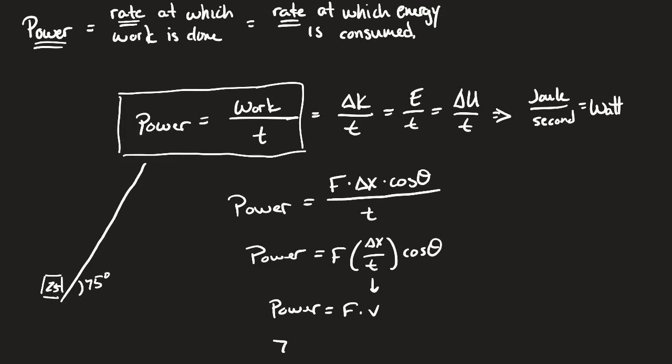So power, 700, has to lift the weight, 25 times 9.8 times the sine of 75 degrees. Right, the angle is 75 degrees, times V. That's how you figure out how fast it's going to go.